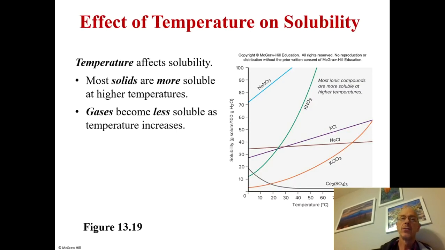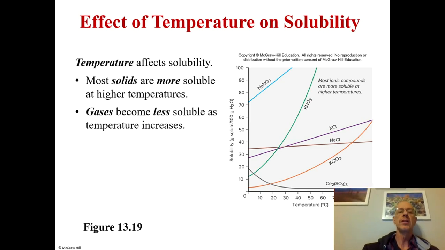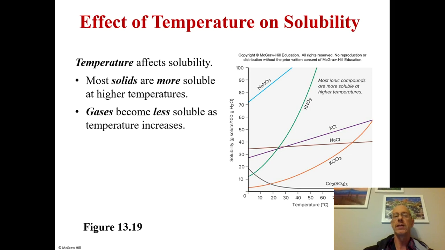If you heat a solution up, generally, you see that if you have a solid as a solute, its solubility will increase. And that's shown on the graphic to the right. You can see that the solubility usually increases as a function of temperature. So for example, sodium nitrate, the top line, you can see that the solubility concentration goes up significantly as the temperature increases.